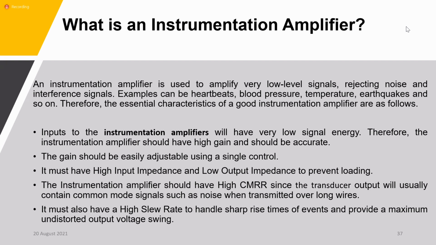It must also have a high slew rate to handle sharp rise times of events and provide a maximum undistorted output voltage swing. So slew rate is another characteristic of the operational amplifier. It should be more. High CMRR. CMRR is also one of the characteristics of the operational amplifier.